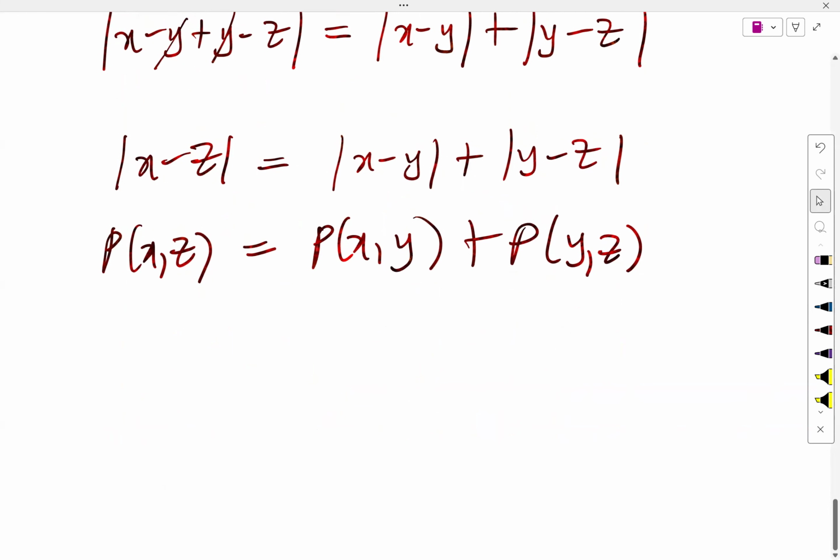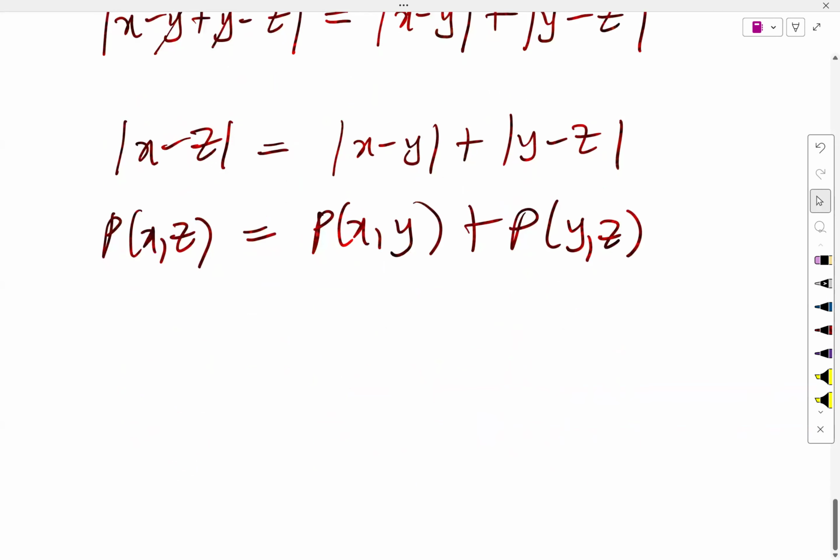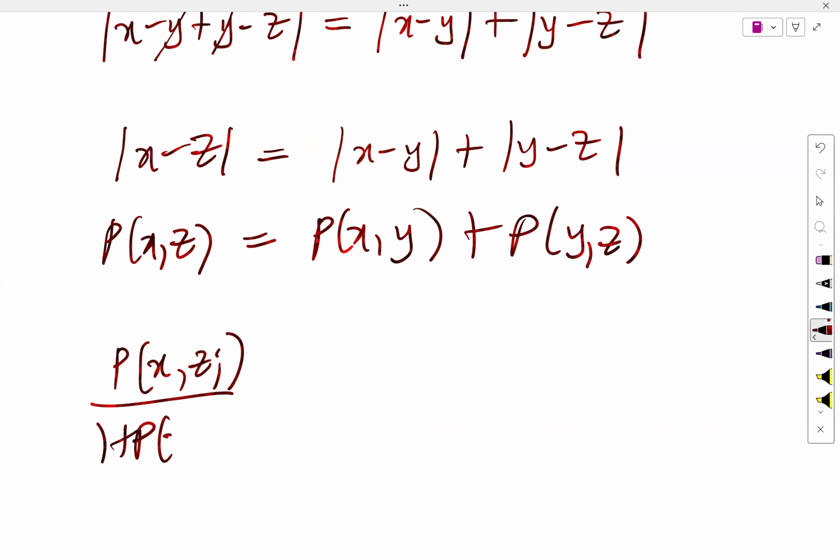So the next thing now, if we divide through by the corresponding values down, so if we now say this to be p of x comma zi all over 1 plus p of x comma zi, so that's pi now.